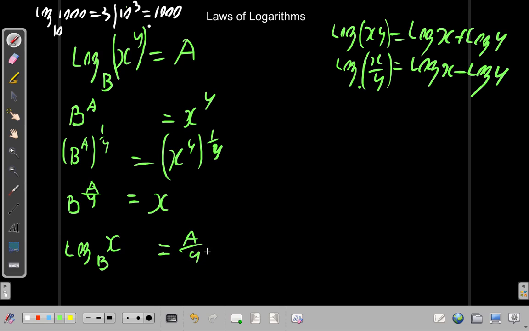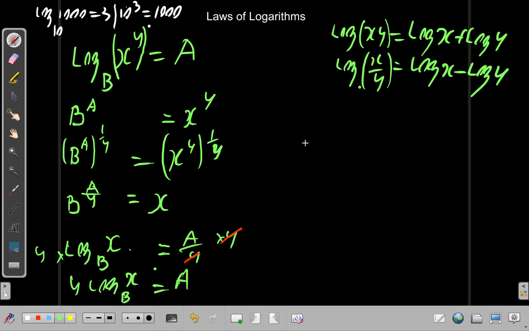When you have this, notice if you should multiply both sides by y, what you would have is times y, and this will be times y, and put the y in front here. But then y cancels y, so you have a left. So y into y goes one time, y into y goes one time. You would have a left over. So you have y log x, the base is b, is equal to a.